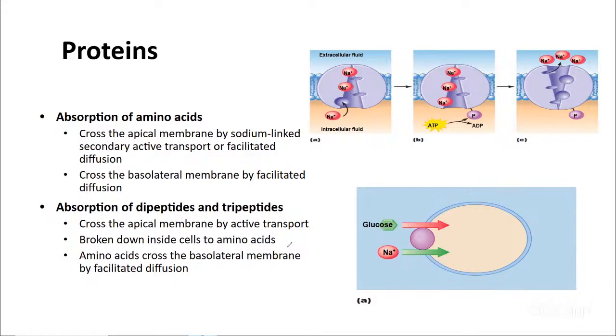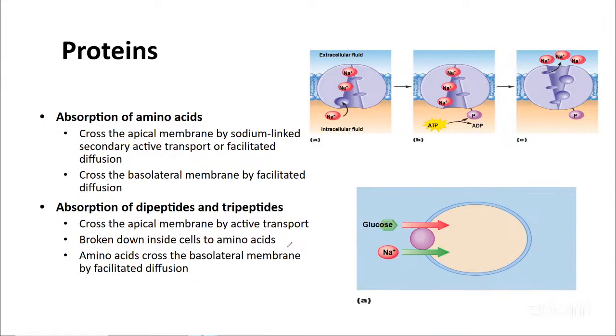Okay. Unlike our carbohydrates, we actually don't have to get down to individual monomers to absorb proteins. So we actually are able to pull across some dipeptides and some tripeptides. So we can pull little groups of 2 or groups of 3 amino acids using these different membrane proteins as well.